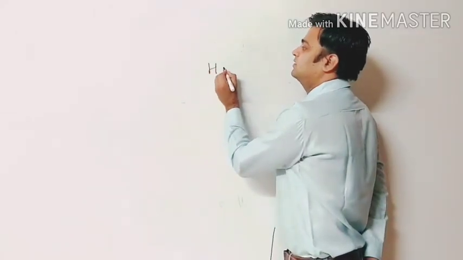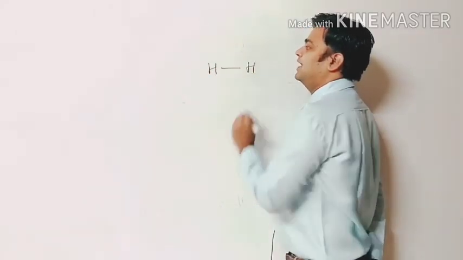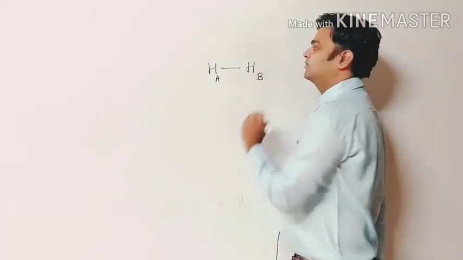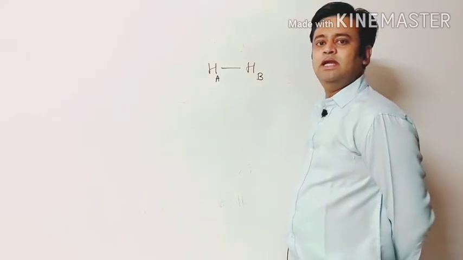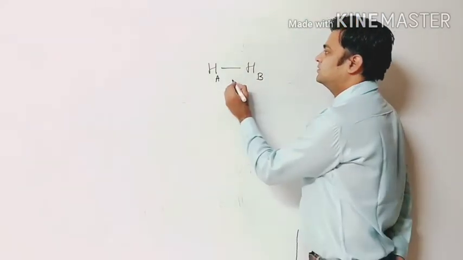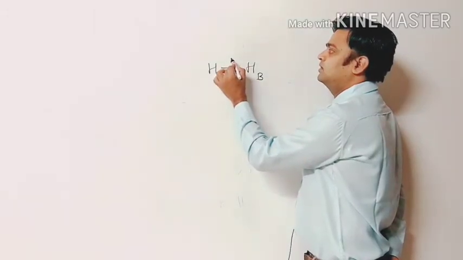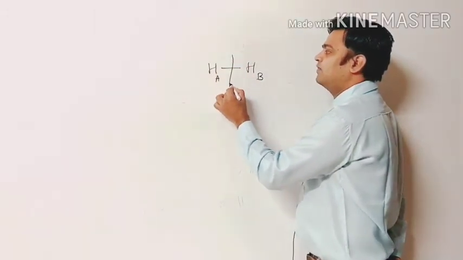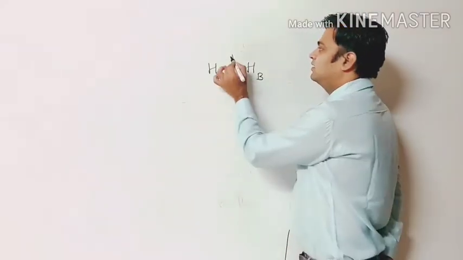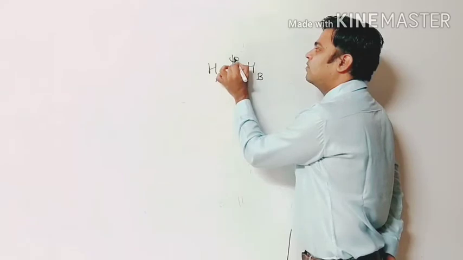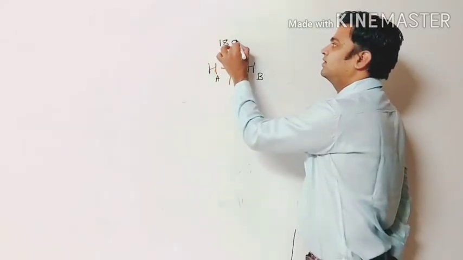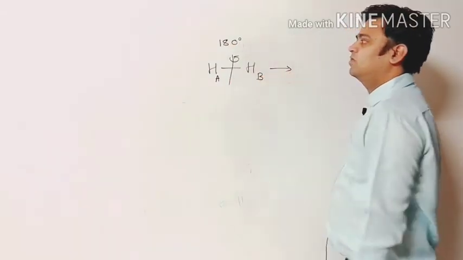Suppose this is an H2 molecule. Let me label it as HA and HB, right? Now let's perform some symmetry operation. Suppose I put an axis of rotation, meaning a line, and let's rotate the molecule through 180 degrees.